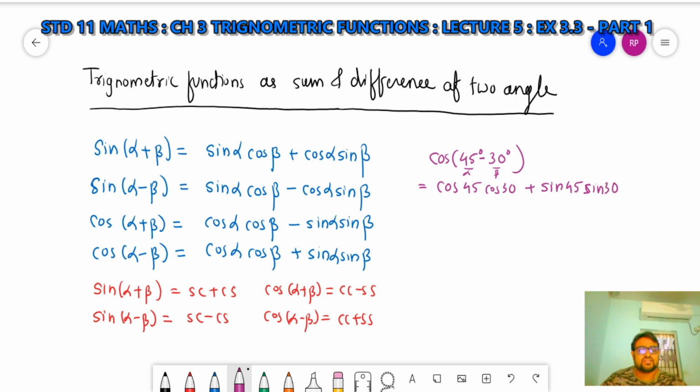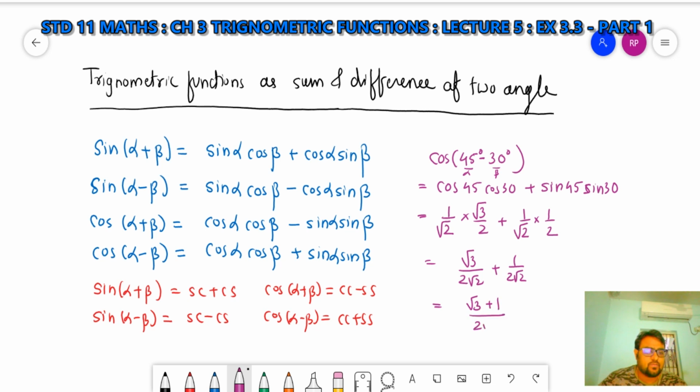This is equal to cos 45, 1 by root 2, cos 30, root 3 by 2, plus sine 45, 1 by root 2, sine 30, 1 by 2. So this will be equal to root 3 upon 2 root 2 plus 1 upon 2 root 2. So this can be equal to root 3 plus 1 upon 2 root 2.